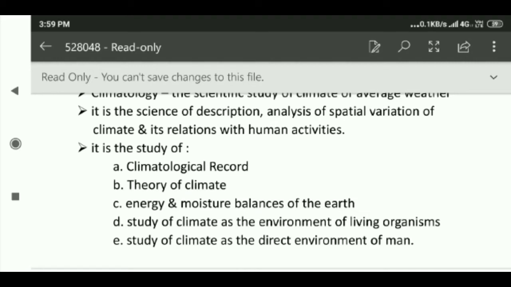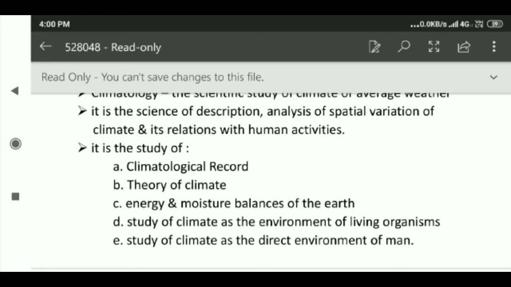The term climatology is correctly applied to the study of five growing fields: first, climatological record; second, theory of climate; third, energy and moisture balance of the earth; next, study of climate as the environment of living organisms; and last, study of climate as the direct environment of man.